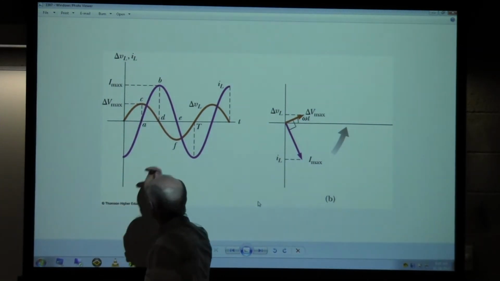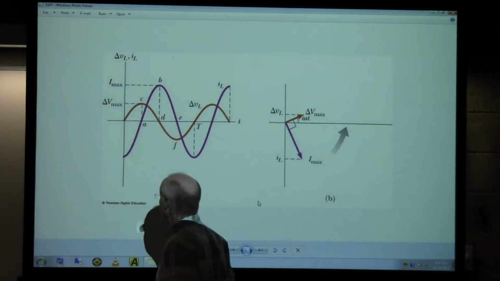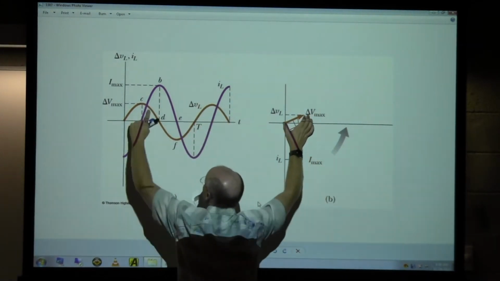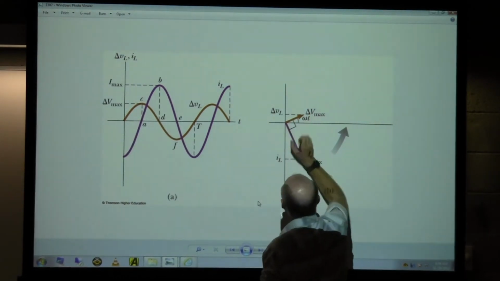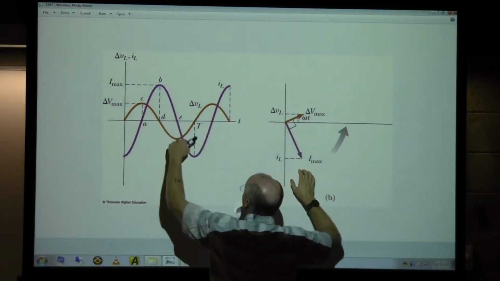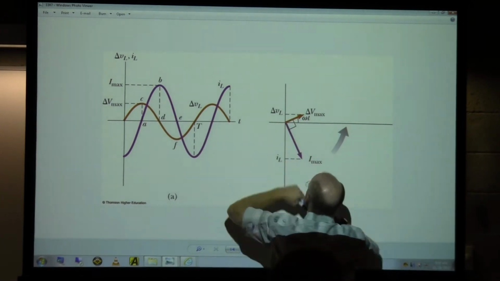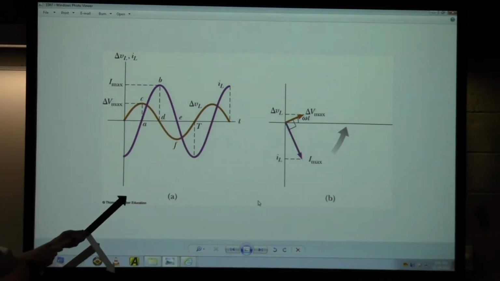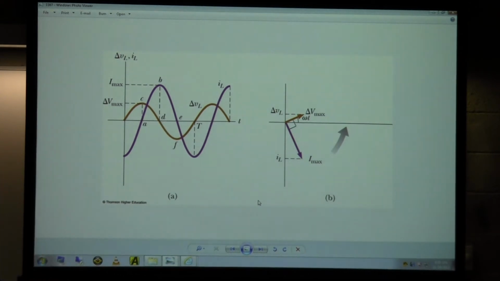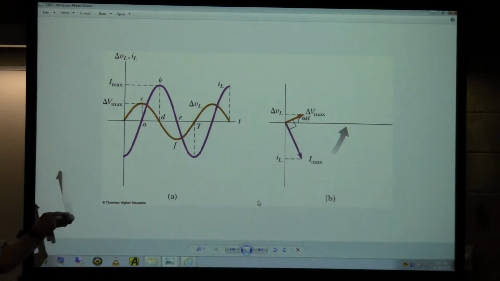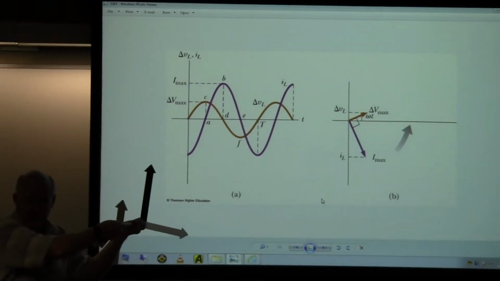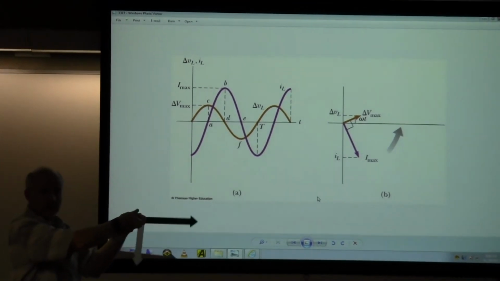There's your E line. EMF first, then the current. And that's what this set of sticks would be. Here's the brown stick representing the voltage. Here is the purple stick representing the current. Two of them at 90 degrees spinning. In mine, I got my voltage bigger again. He's got his current bigger that way. And so he wants you to mentally think of this as a phasor spinning around.